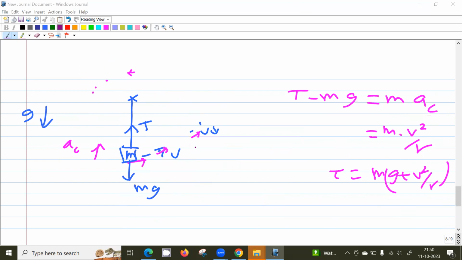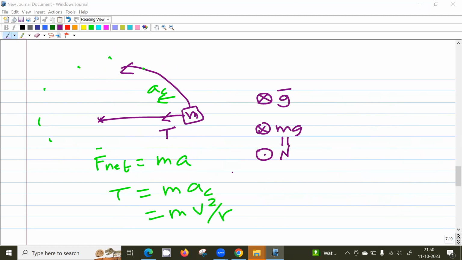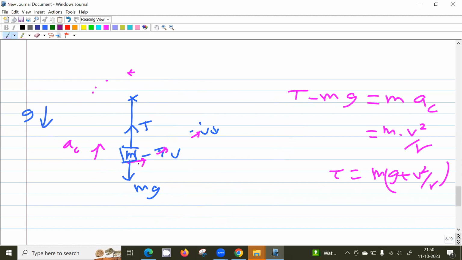But in the horizontal circular motion, tension is the same at any position. Sorry, not this one, this one. In horizontal circular motion, gravity is perpendicular to the string, so it does not affect. The only force is the tension force, providing the centripetal acceleration. So tension is always constant, and v is also constant. But here, v will change because it is gaining height. Once it gains height, it will lose velocity.